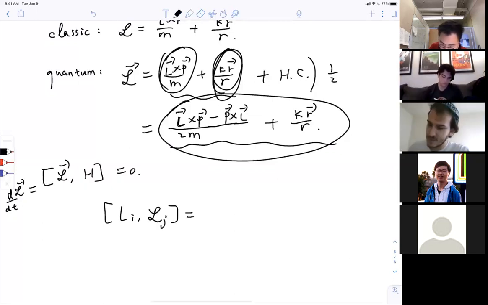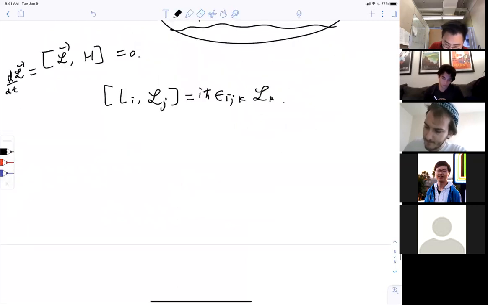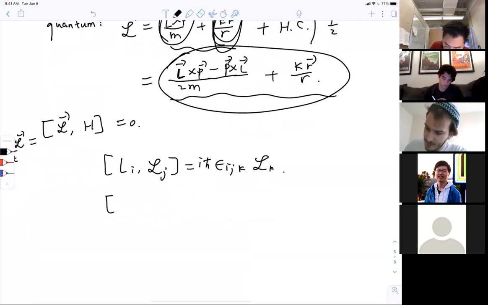this algebra, which is epsilon ijk i h bar L k. Another thing that you can calculate is this guy equal to, what's this?